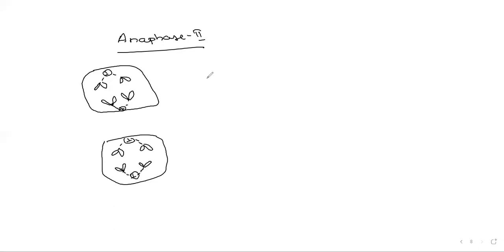In the anaphase, the chromosomes or chromatids move towards each pole.